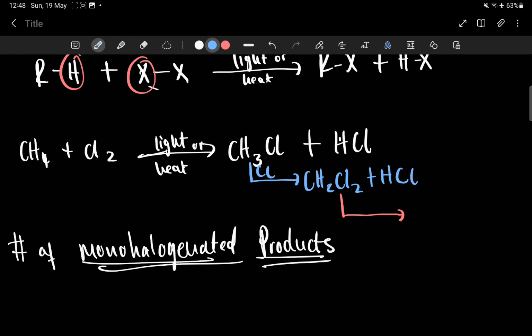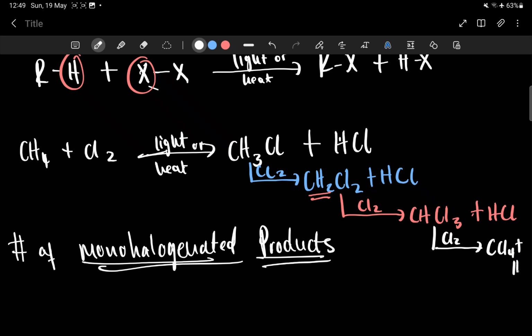Then it reacts again with Cl2, and instead of CH2Cl2 it's now CHCl3, three chlorines, releasing HCl because one of the chlorines takes the hydrogen that was removed. Another step: it meets another Cl2, and instead of CHCl3 it's just CCl4, four chlorines, plus another HCl.